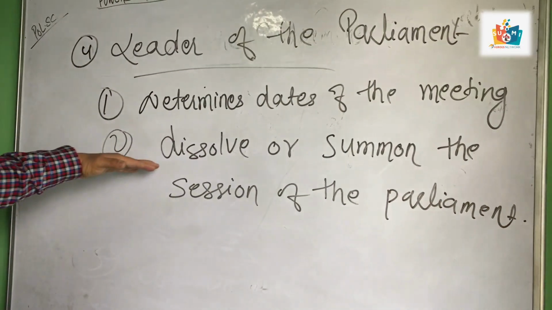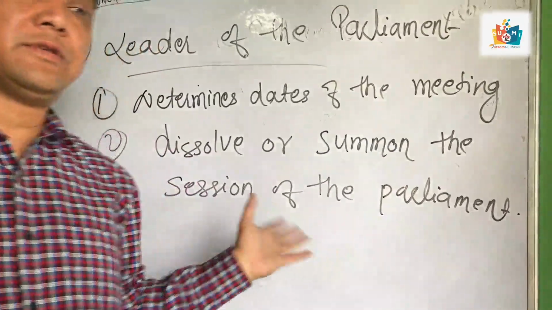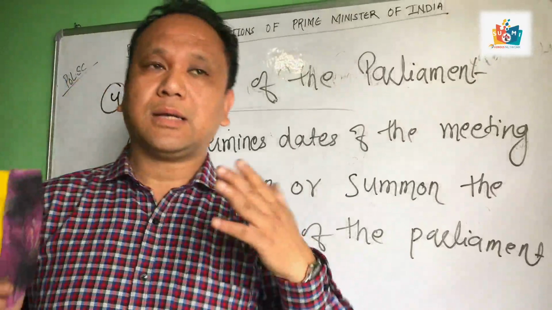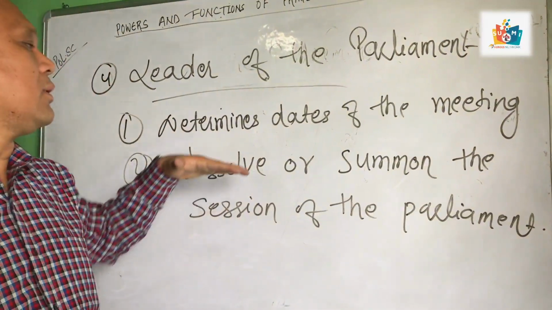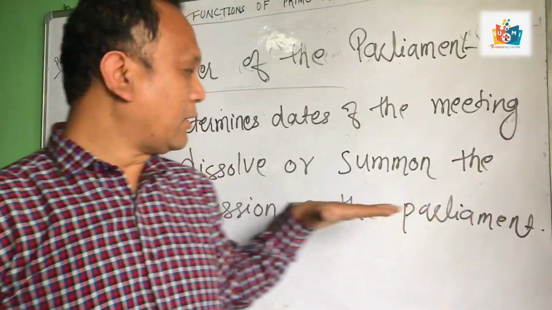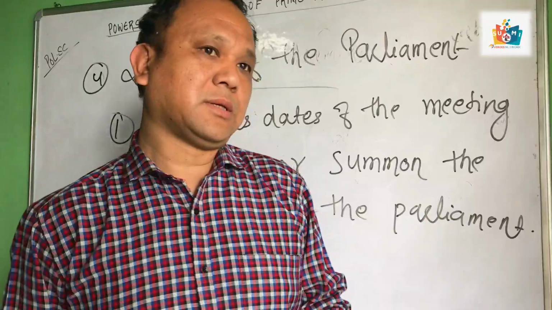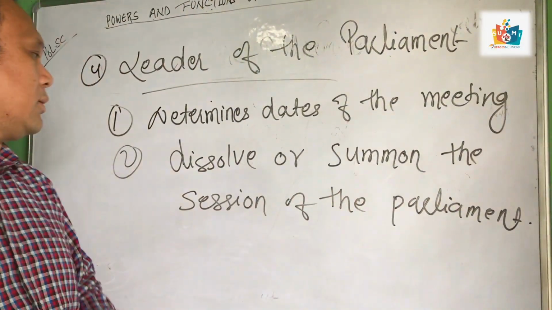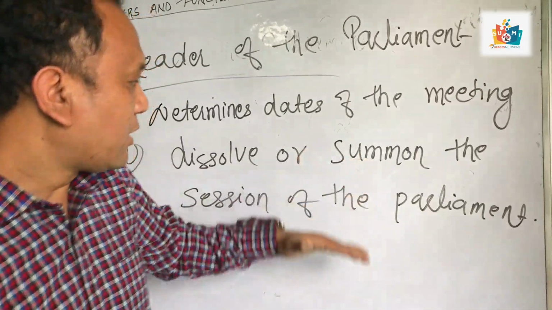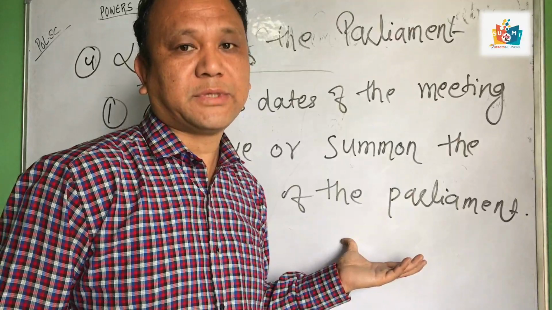So he can dissolve or summon the session of the parliament, but here it is very confusing because president has the power to summon or dissolve the session. But here we can see that Prime Minister recommends or suggests the president to prorogue or to dissolve the house. So here we can see that the power lies in the hands of Prime Minister.